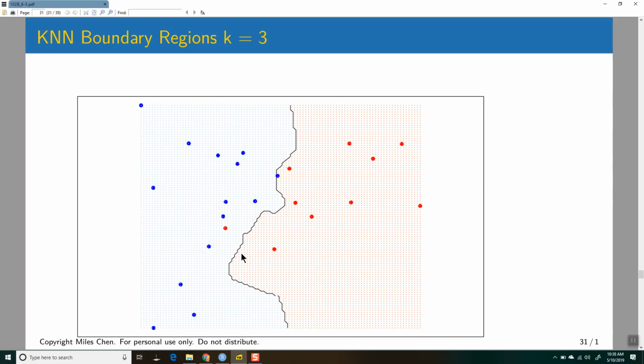Whereas if I move over here, then the 3 closest will be this red, this blue, and this red, and so it will get classified as red, okay? And so this boundary here is saying the 2 closest are red and blue, and the tiebreaker along this boundary is either going to be this point or this point, and that's where we get these boundaries drawn. Yes, question?